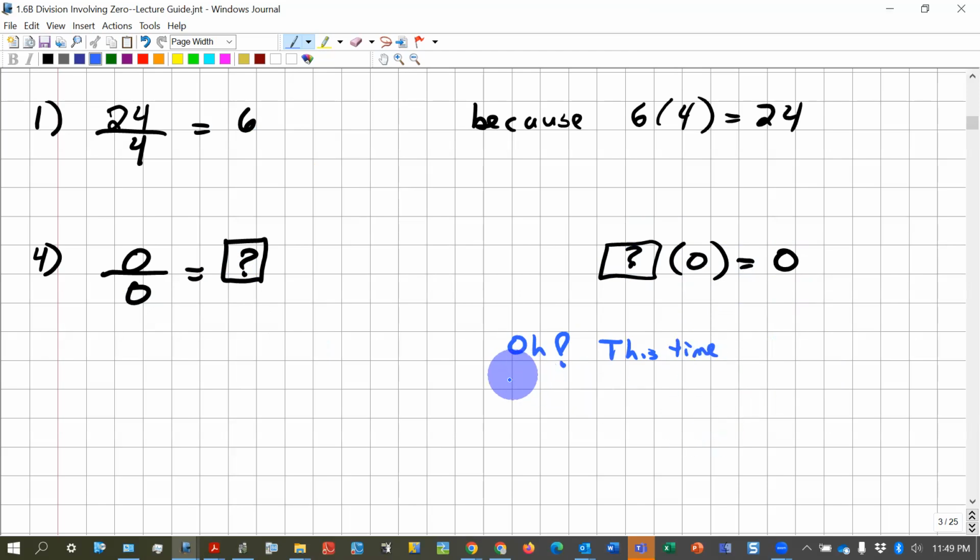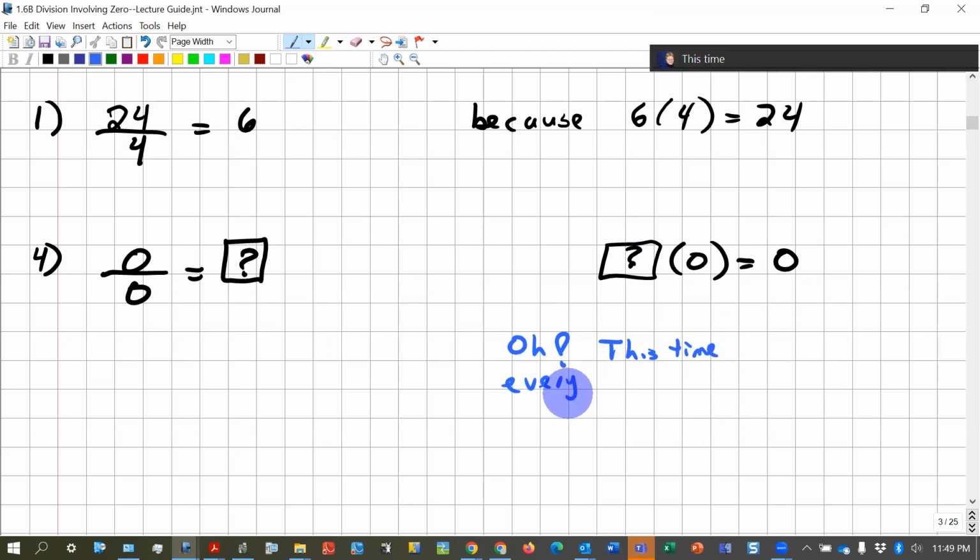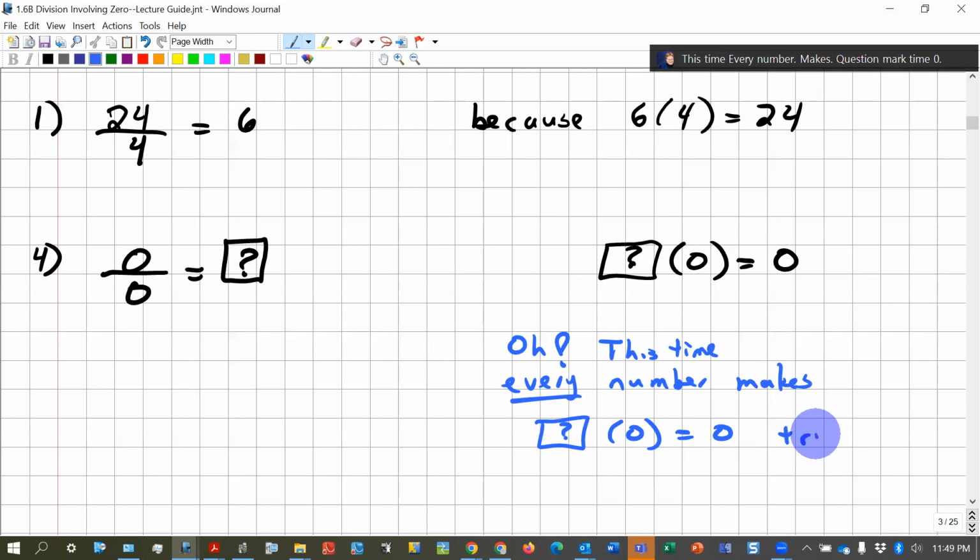This time, every number makes question mark times 0 equal to 0 true.